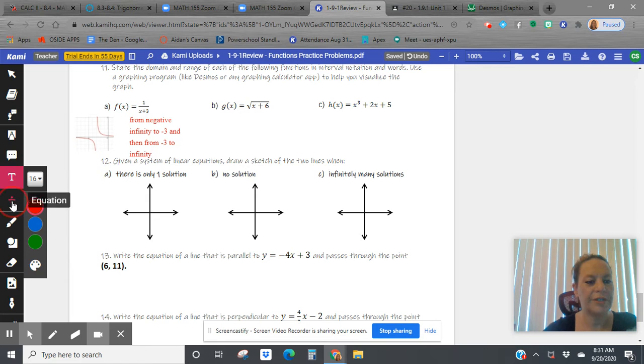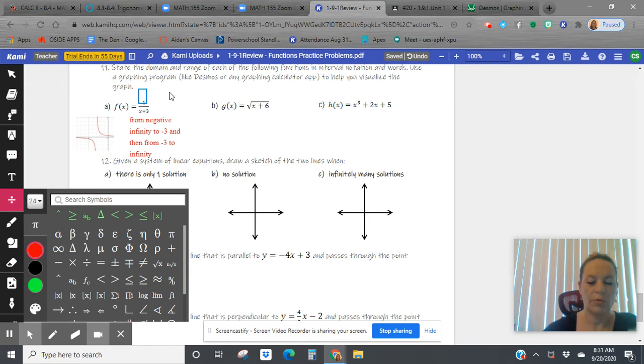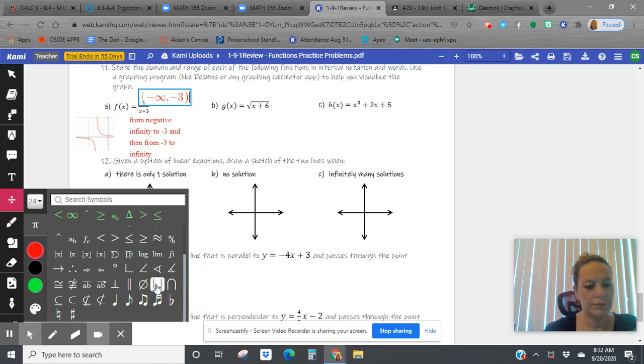And then the interval notation of that, we're going to write it as negative infinity up to negative 3, U for union, and then from negative 3 to infinity.